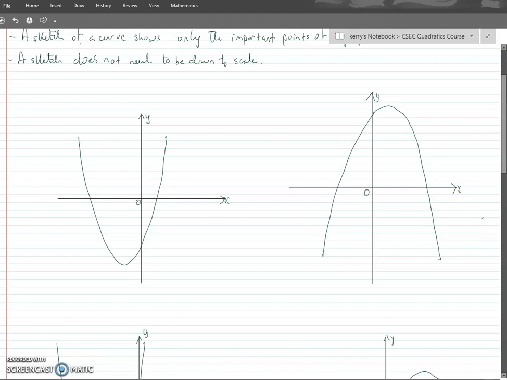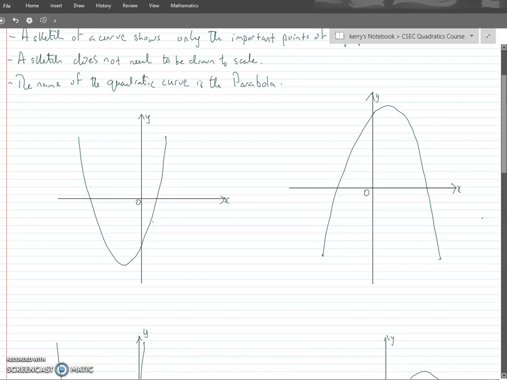The name of the quadratic curve is the parabola. Parabola is the name of the quadratic curve, so both of these are parabolas.